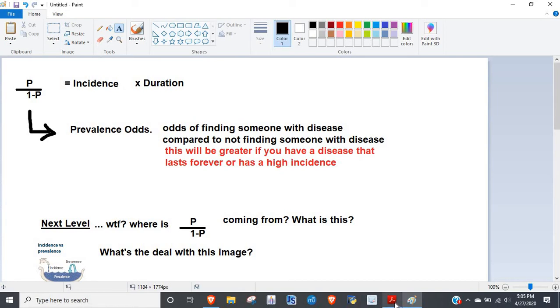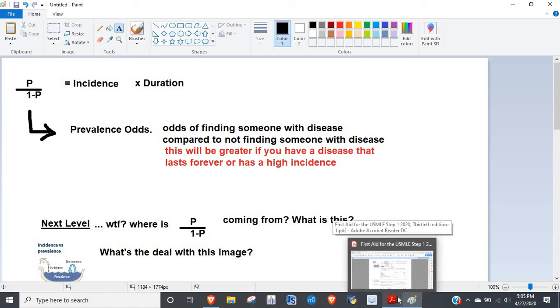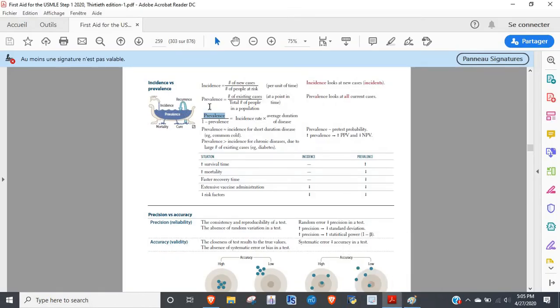So I would rephrase this as just the prevalence odds, meaning the odds of finding someone with a disease compared to without the disease. And that, of course, will be influenced by how high the incidence is, and by how long the duration is.